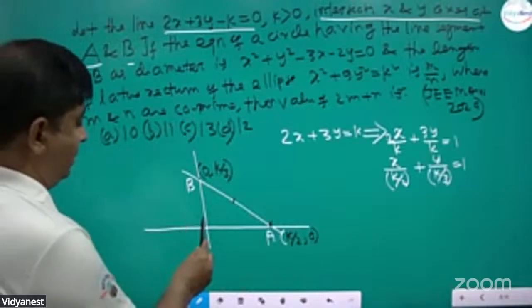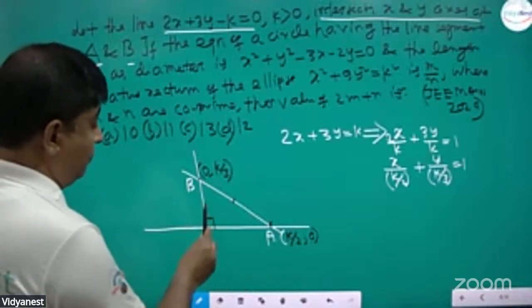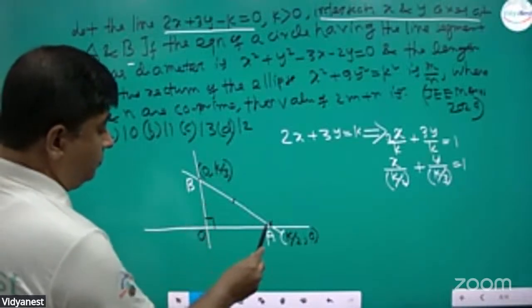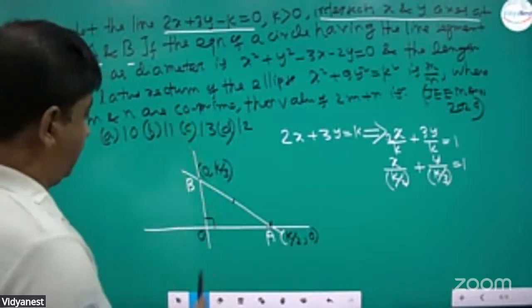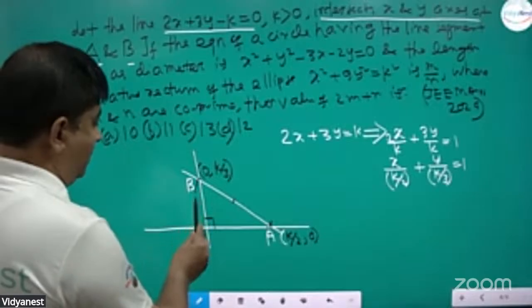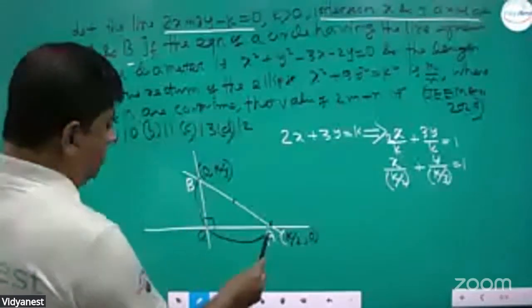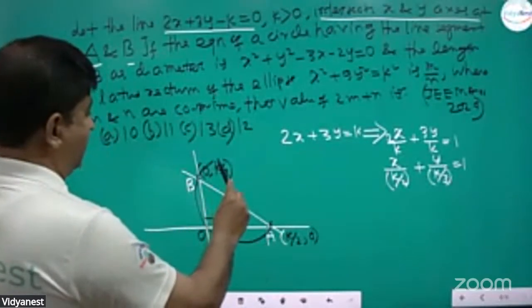So this is 90 degree, so this will form a semicircle. Yes or no? That is the knowledge of class 10. So you complete the circle like this.